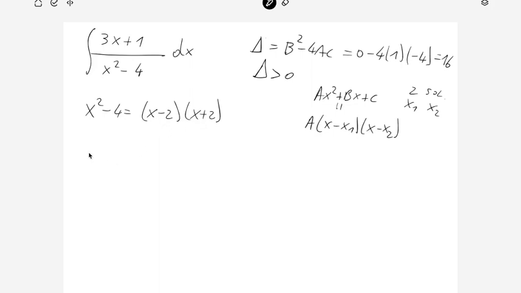Okay, so when we factor this, we want to write 3x plus 1 over x squared minus 4 as a over, not this a, another one, so in order to avoid confusion we can call it alpha. So alpha over x minus 2 plus beta over x plus 2.